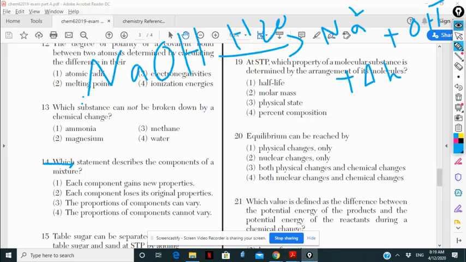Now for a physical change, what is going to happen if I add heat? The reaction is going to shift to the right. That's physical because adding heat is not changing the materials.